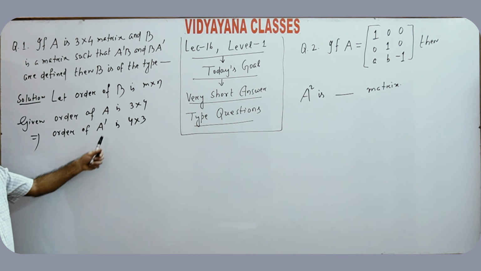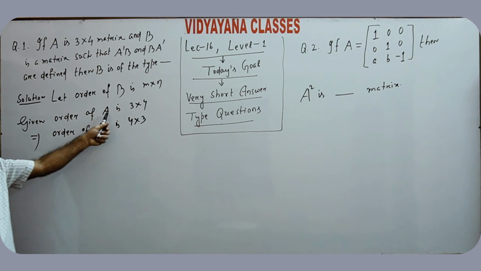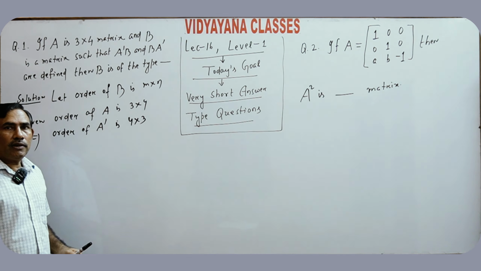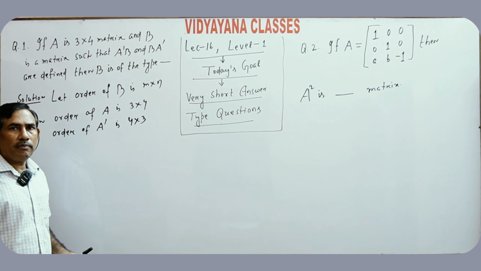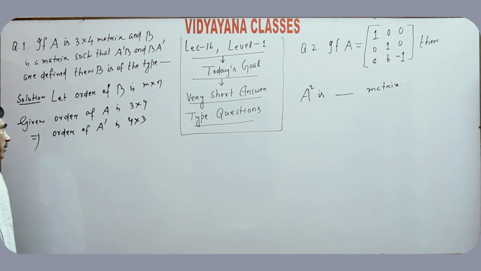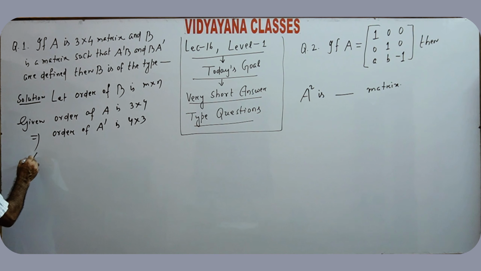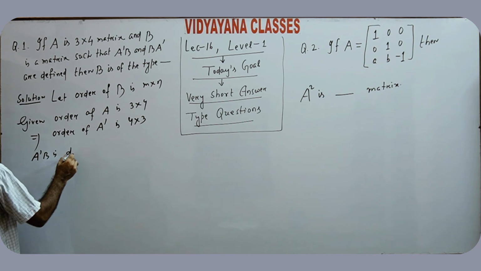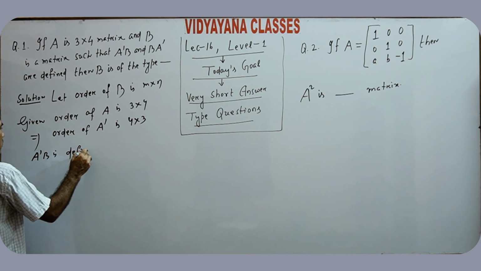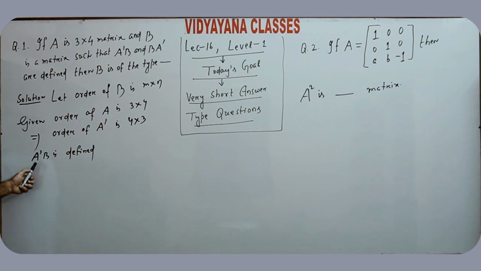Since if rows change to columns and columns change to rows, the matrix obtained is called the transpose matrix. A dash B is defined, that is, transpose of A into B is defined.